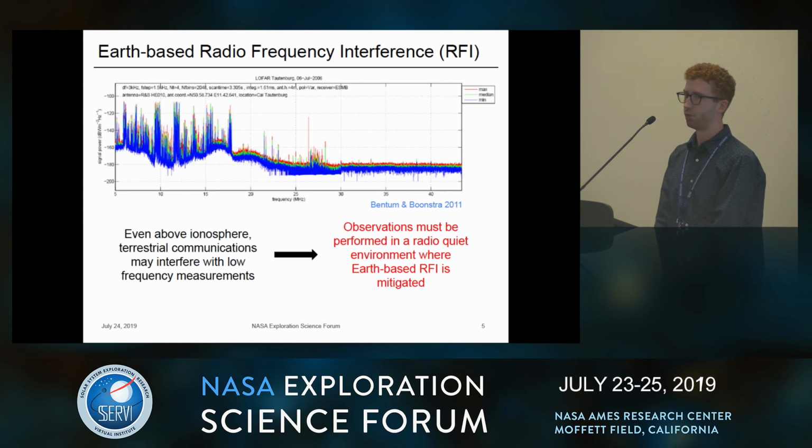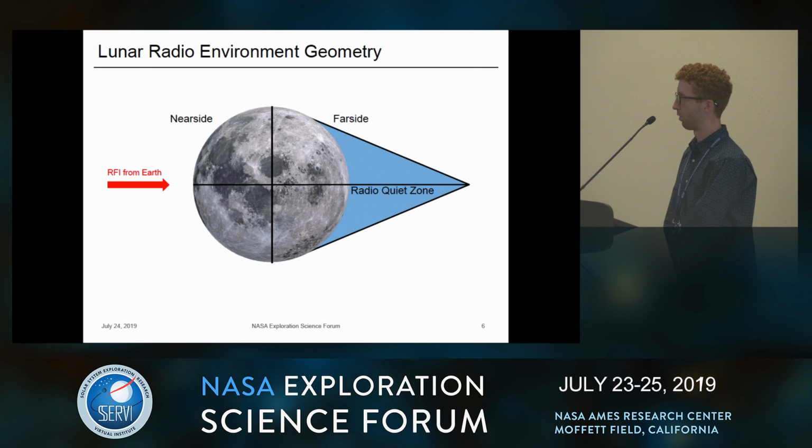The result of all of this is that in order to perform these very sensitive low-frequency measurements, we really need to go to a location that's both above Earth's ionosphere and where the RFI from these terrestrial sources is blocked. Really the only feasible location to do these experiments is the moon.